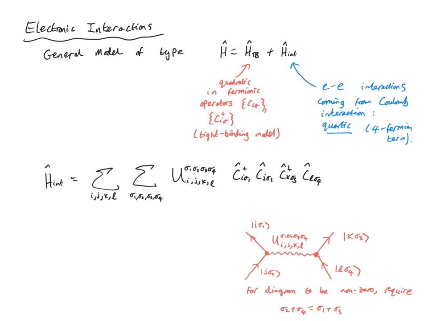If we were to consider a general quadratic term by contrast, so for example in this tight binding model up here, let me just write this down again for sake of completeness.